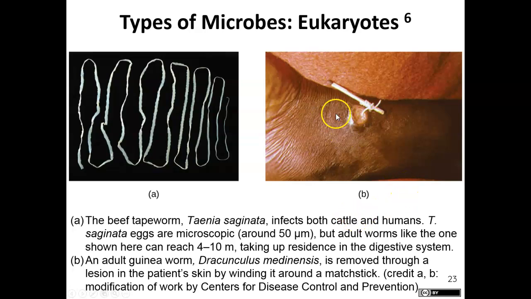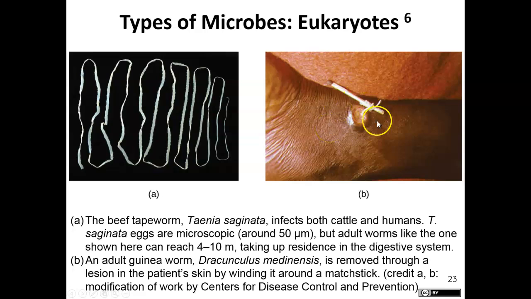This worm here, Dracunculus, can only get into your system if you drink water with the worm in the water. The worm is typically taken in by a crustacean, and then you drink the water, and the crustacean, which is a microscopic structure, gets into your system.